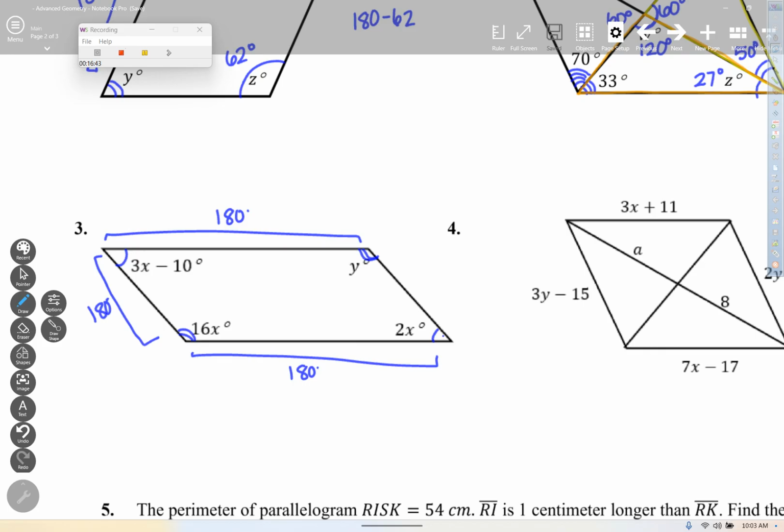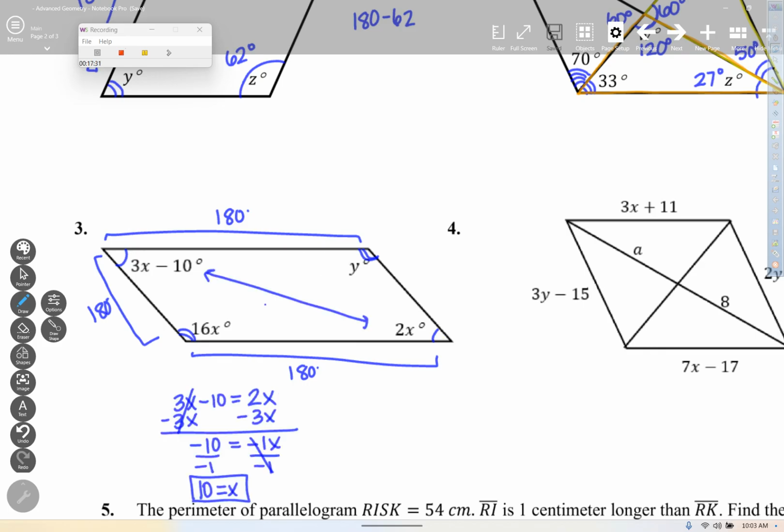All right, now I have my x variable, which is great. To find the y variable, if you notice, these two have the same arc mark, right? So if I could figure out what that one is in degrees, then I could figure out y. I know it's 16x. So x is 10. If I plug that in, that's 16 times 10, which is 160.